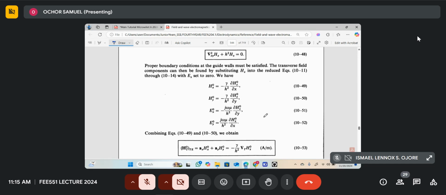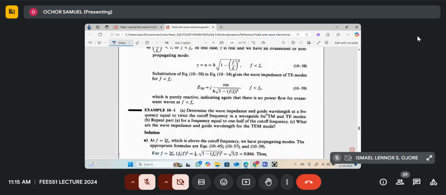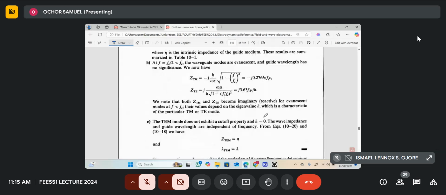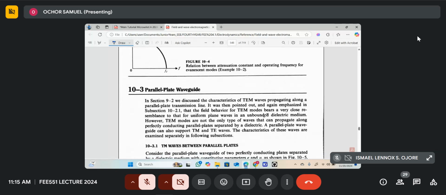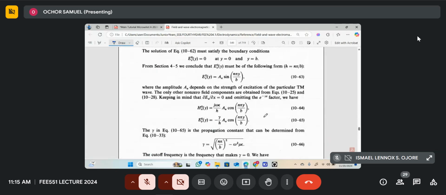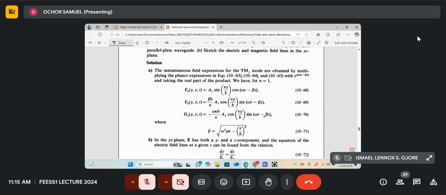Then you'll be having cos m pi over a, then sine n pi over b. If you go downwards, I think somewhere there.